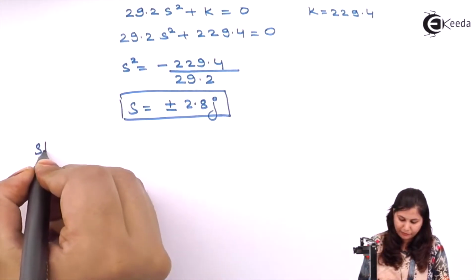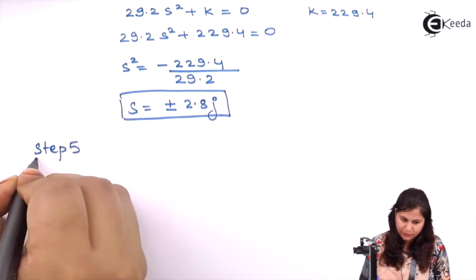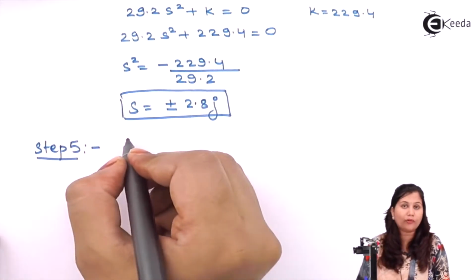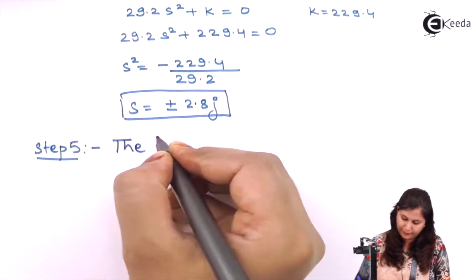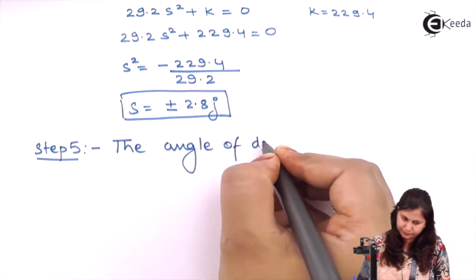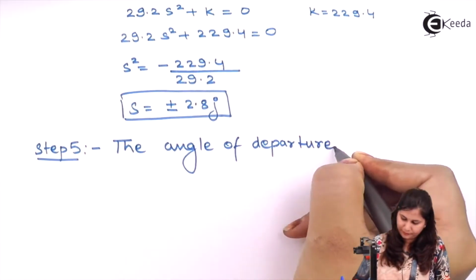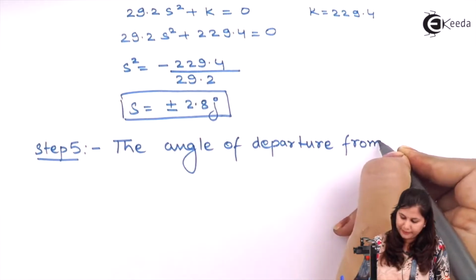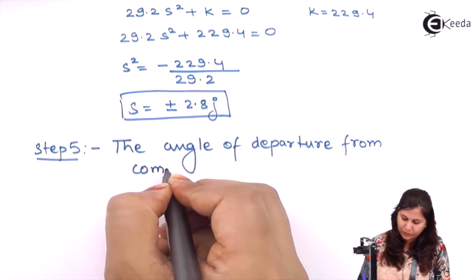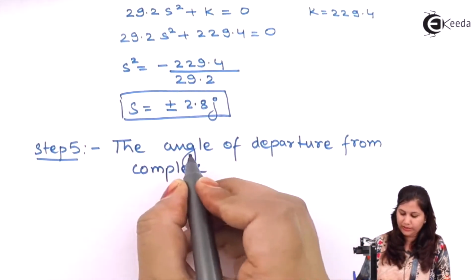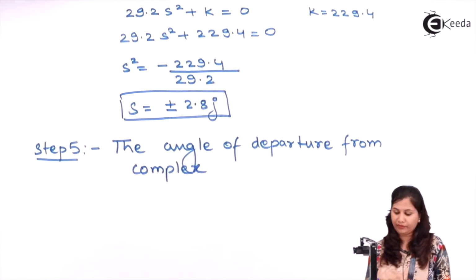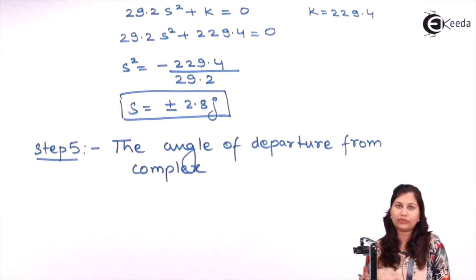Now, this was our step number 4. Step number 5 is to find out the angle of departure from the complex poles, because we always find the angle of departure when we have complex poles of the system.